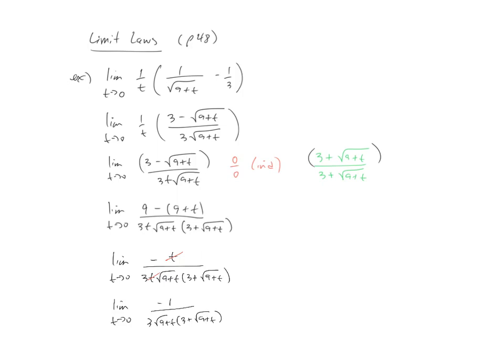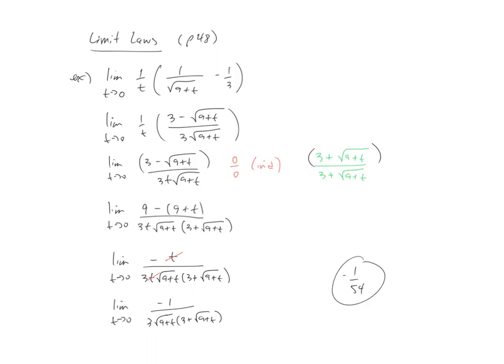So since we were able now to get rid of that t, we can reevaluate. And so I'm going to take the t going to 0 and plug it in, and you can see for a final answer I get negative 1 over 54.